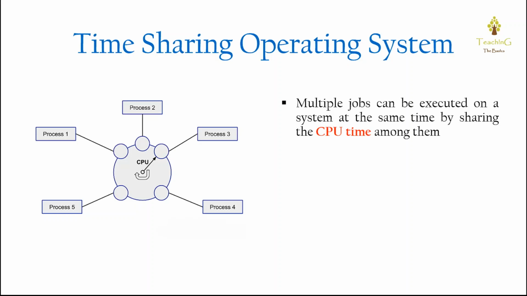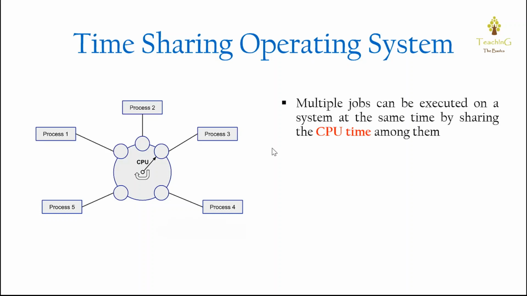Okay, so let us suppose for process 1 there is a CPU time slot of 5 seconds, and I am providing 5-second operation time for process 1. Then process 2 will get 5 seconds for processing. Then process 3 will get 5 seconds for processing, and so on.